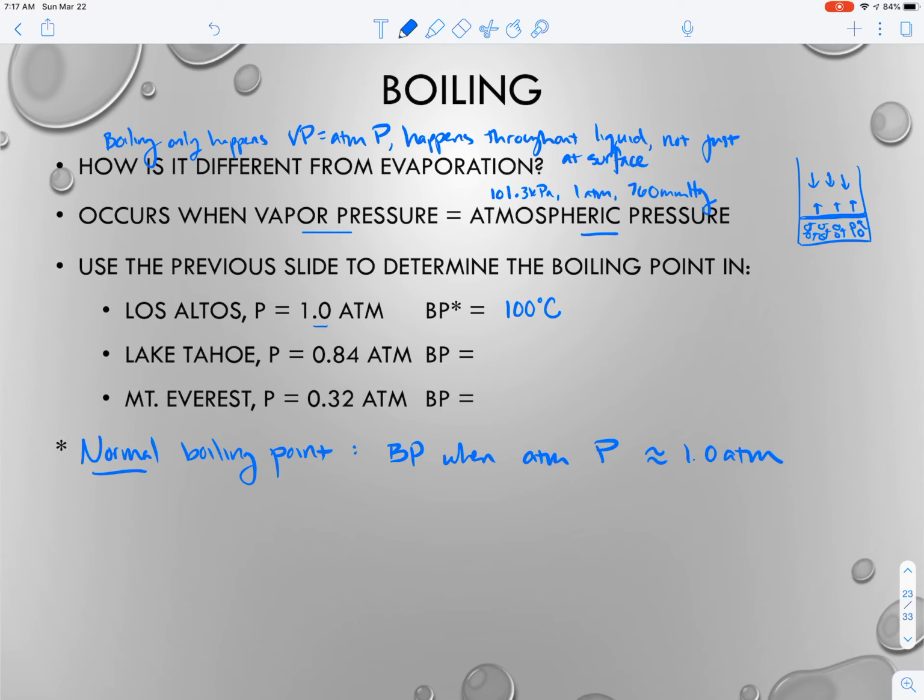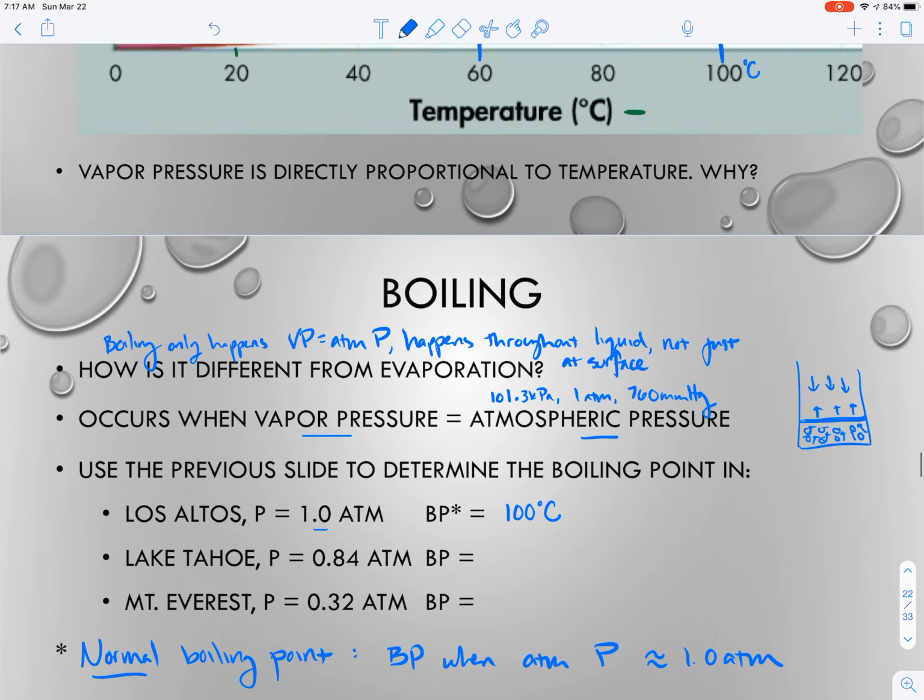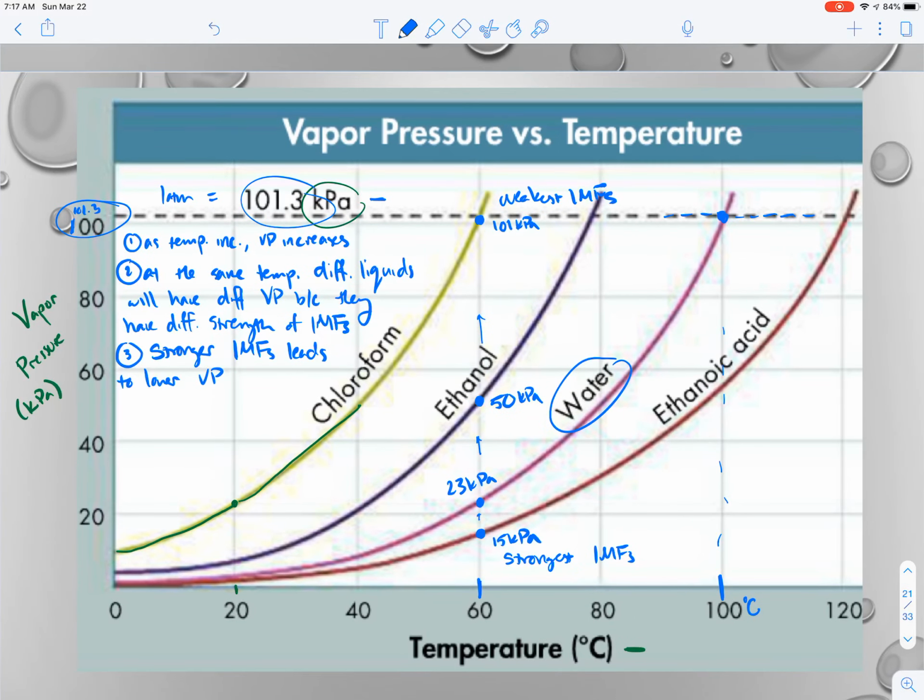We say, oh, ethanol boils at this temperature and water at this temperature. Speaking of ethanol, we can actually use that graph to figure out ethanol's normal boiling point. We want to see at what temperature its vapor pressure matches atmospheric pressure, so that's about here.